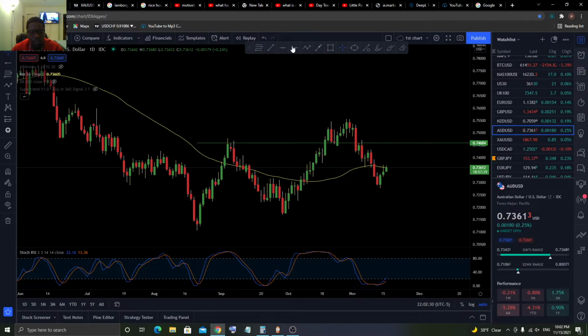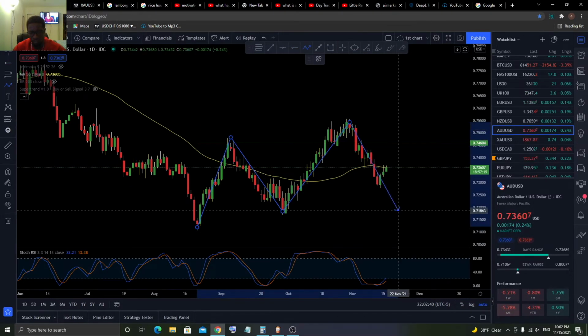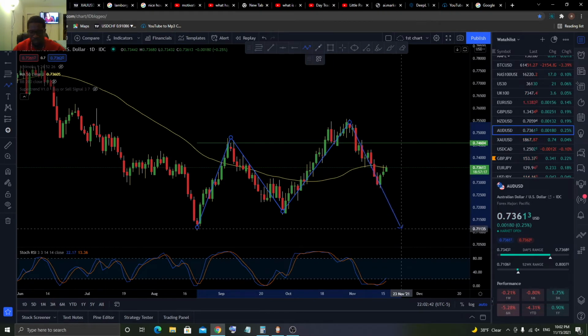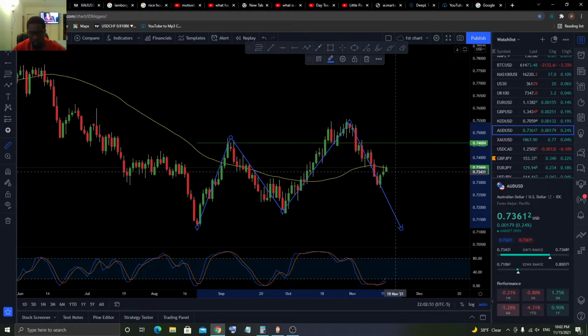So let's go, and look at this. This is a kind of big double tap too. You see, for price to come back here. Eventually, guys, this will come right here. So how many pips is this?